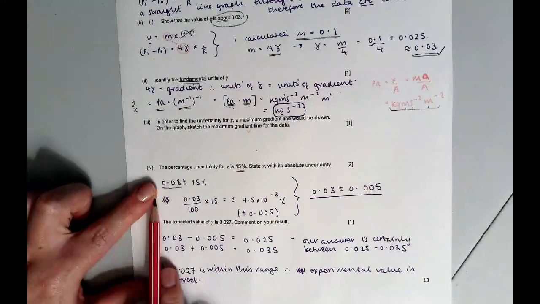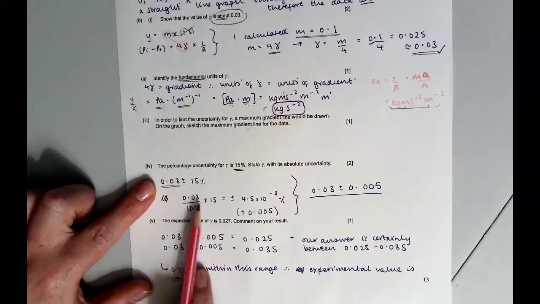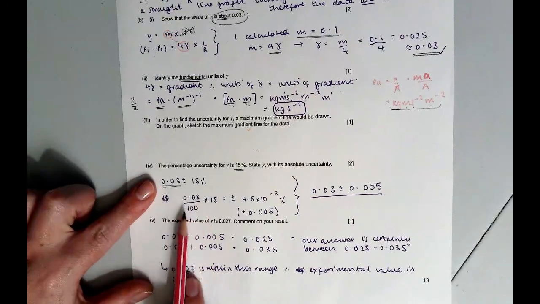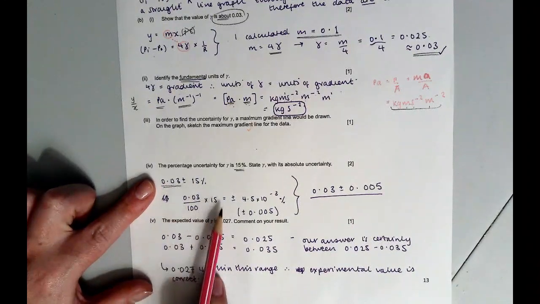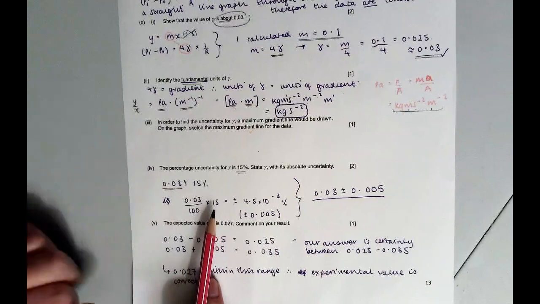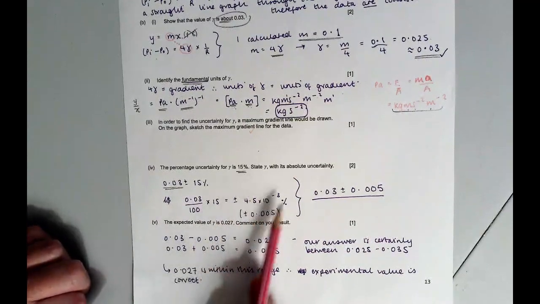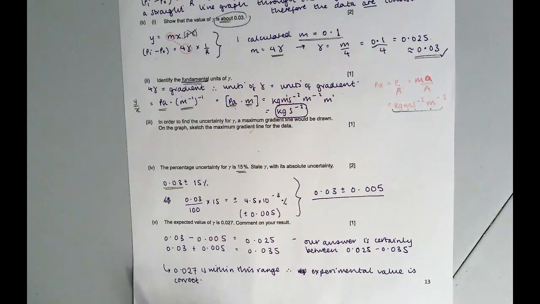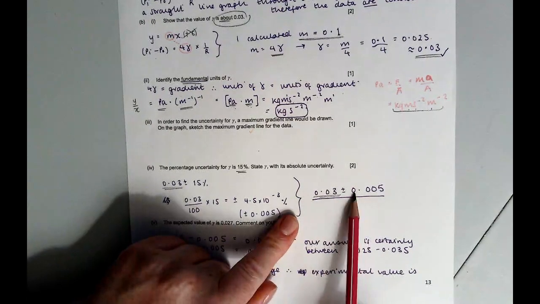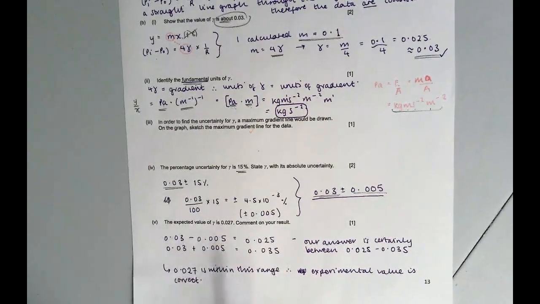So we've got 0.03 plus or minus 15%. So let's split it into 100 parts. So we've got 1%, multiply it by 15 to get 15, and this must be my absolute uncertainty. Okay, and to 3 significant figures, I'm getting plus or minus 0.005. So I've got my value plus or minus my absolute uncertainty.